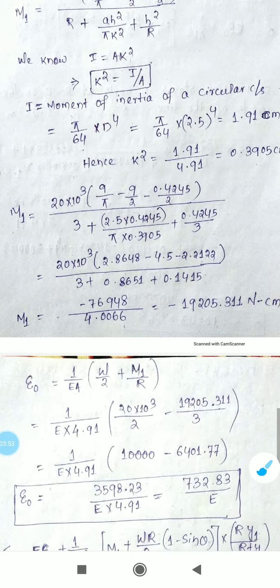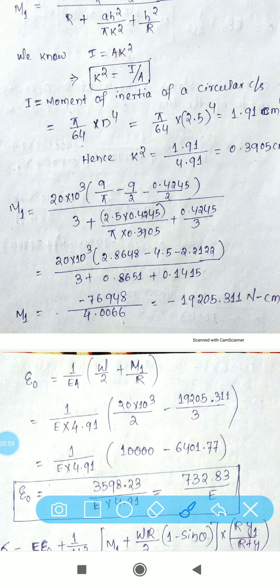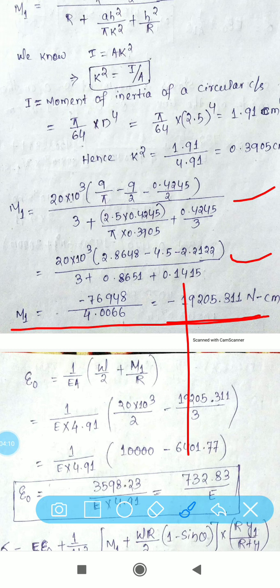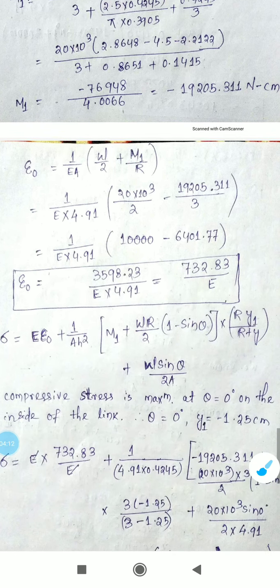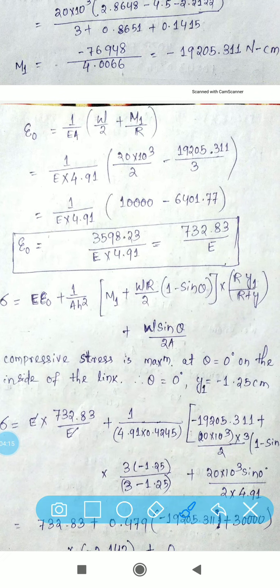Then put all parameters into the m1 expression. So finally m1 is equal to minus 19,205.311 newton centimeter. This is your m1 value. Then epsilon 0 is the strain developed.